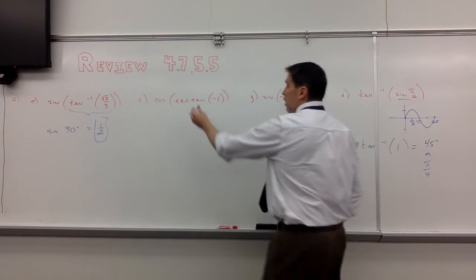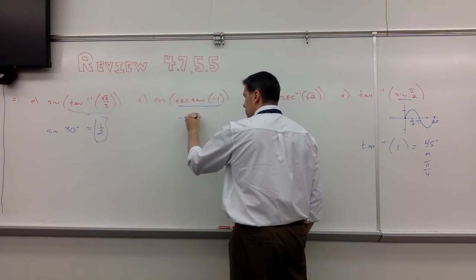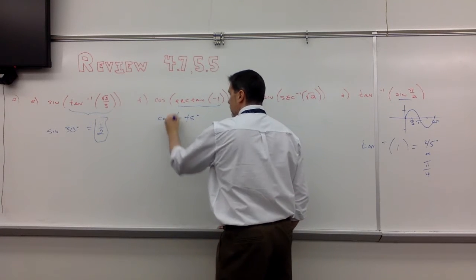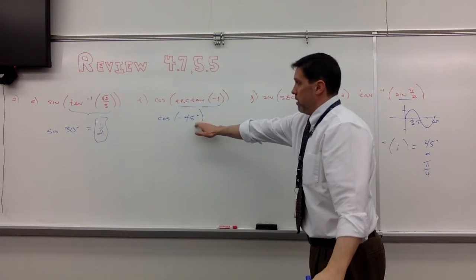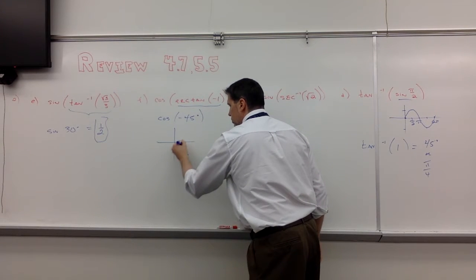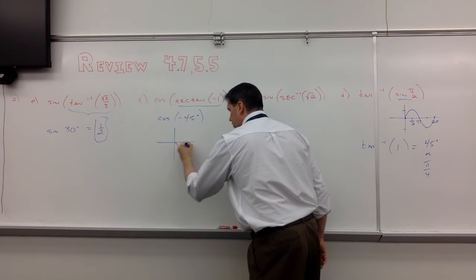Okay, arctan, that's tan inverse of negative 1. We've already seen. We're looking at negative 45 degrees. So we'll find the cosine of negative 45 degrees. Now again, cosine negative 45, let's draw this out. That puts us in quadrant 4, with a reference of 45.